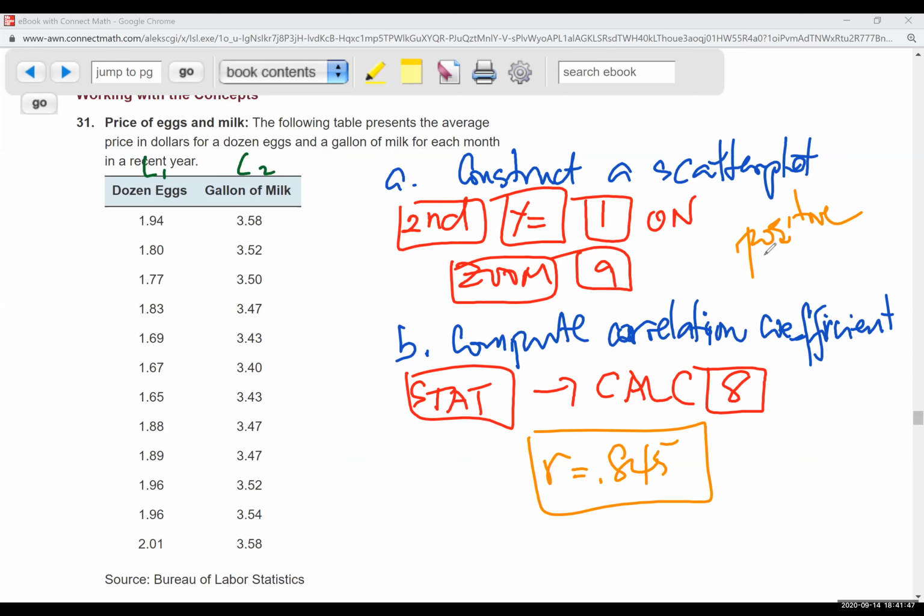Yes. When I push Stat and then go to Calc and push 8, it says LinReg(a+bx). And then if I push enter, am I supposed to enter something there?